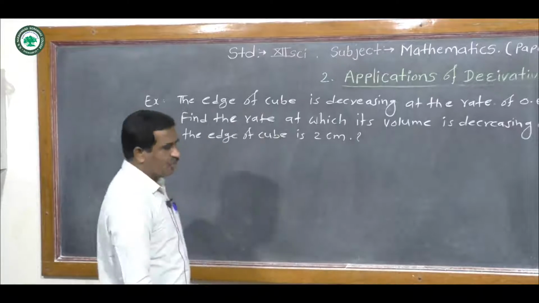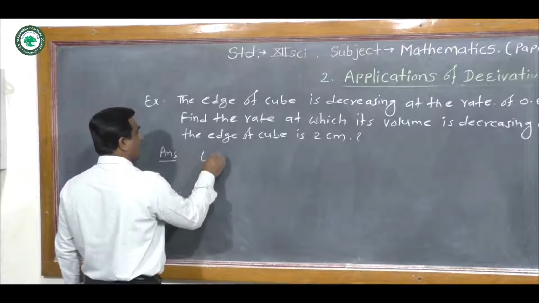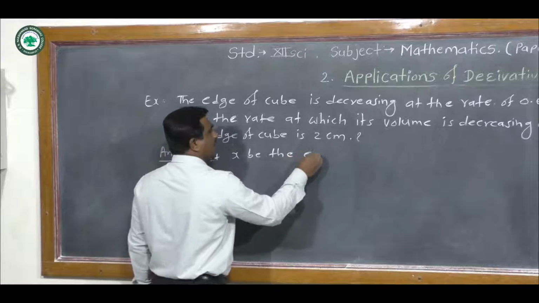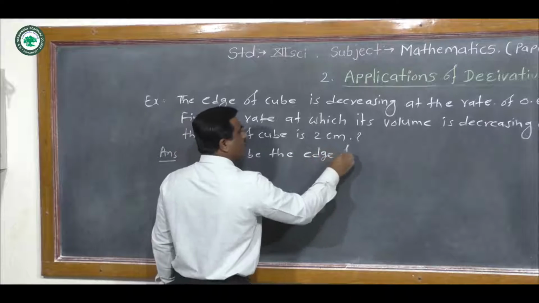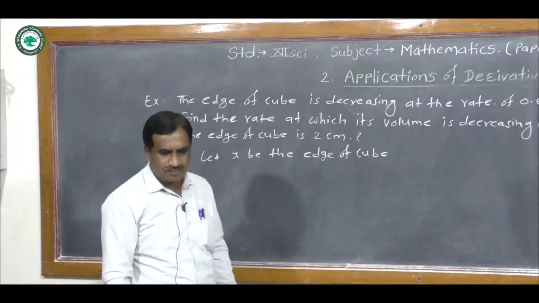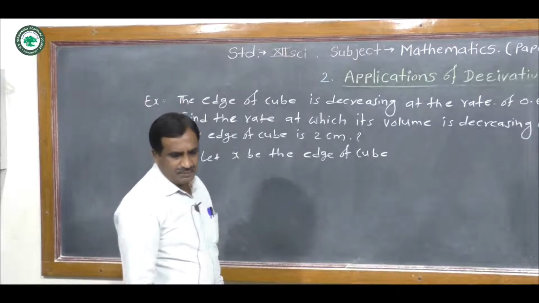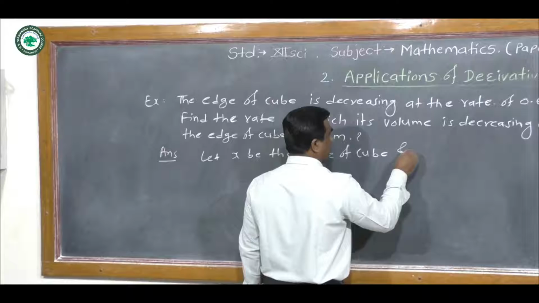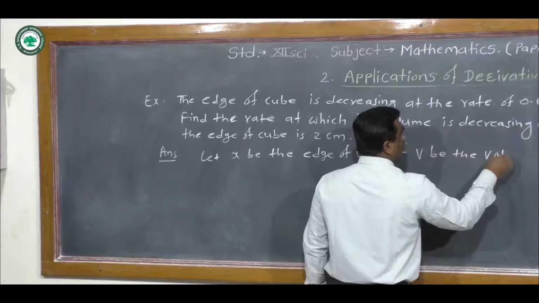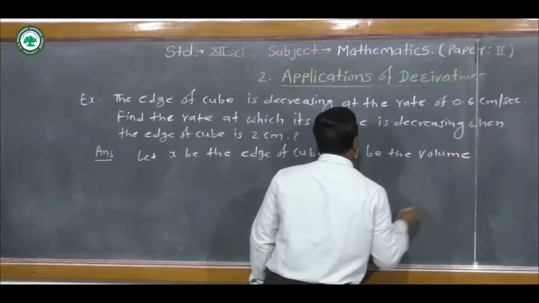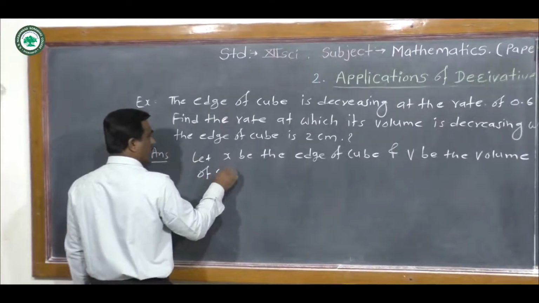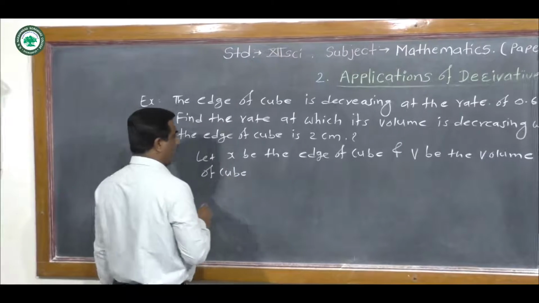Let x be the edge of the cube, that is, the side of the cube, and V be the volume of the cube.